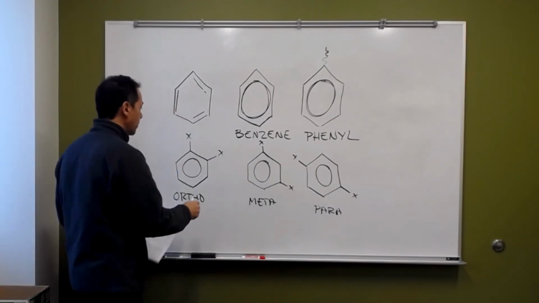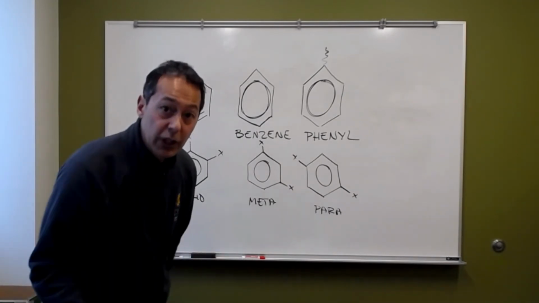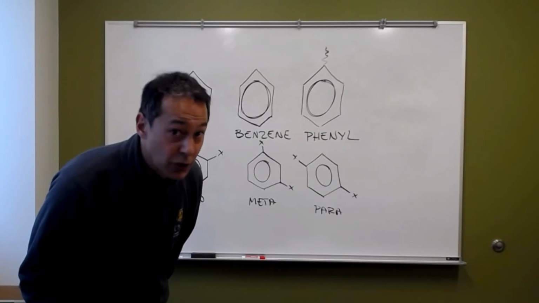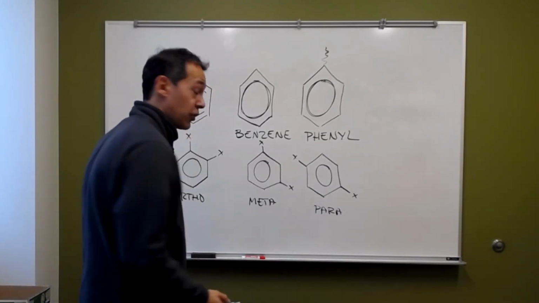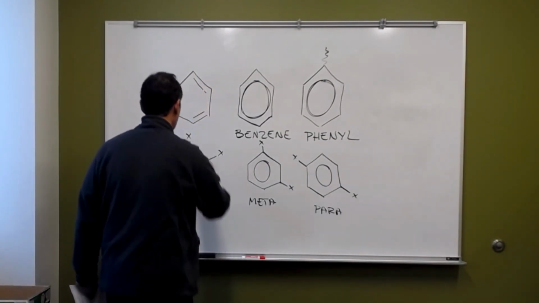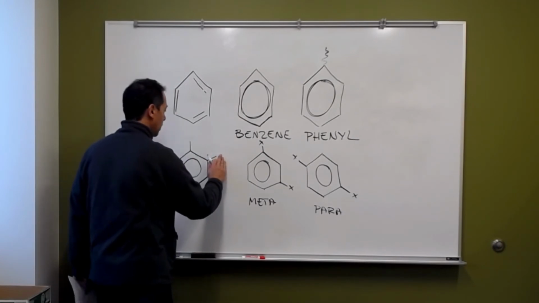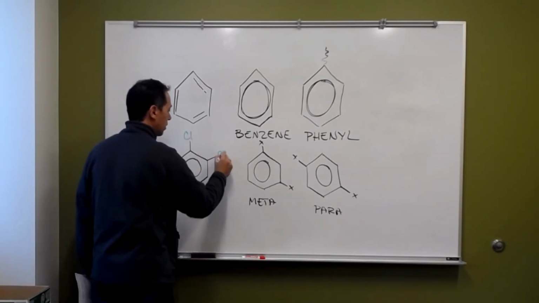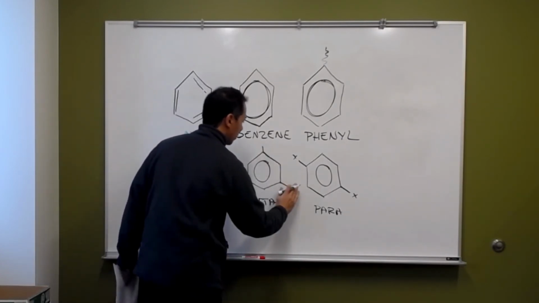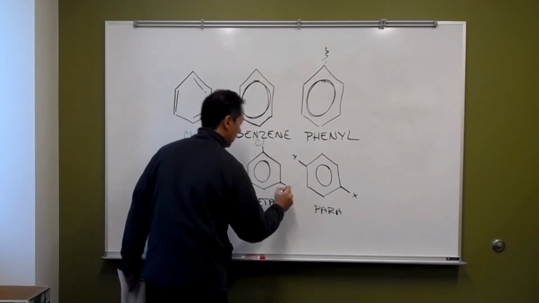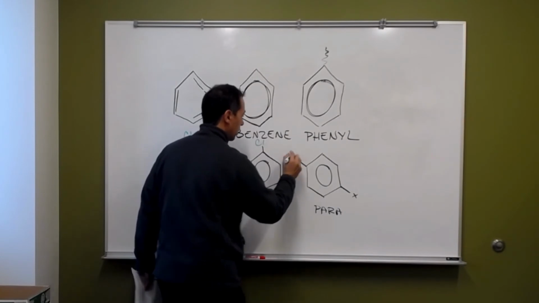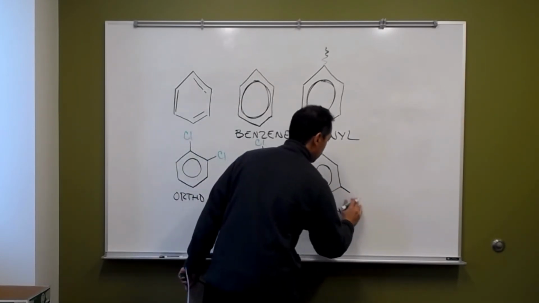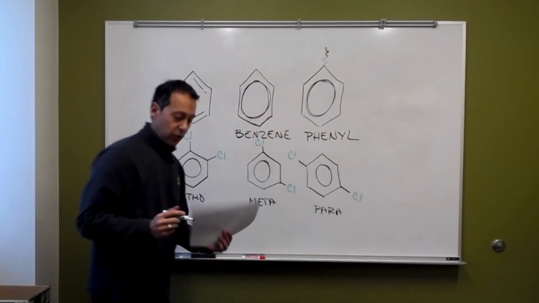So how do we, let's do an example of this, okay? So instead of X, right? So some of you maybe are looking for X on your periodic table, and there's no element X, right? I mean, there's xenon, right? But there's no X. So I'm just gonna go like this, and then let's put chlorine in here. Chlorine, like this, and then chlorine, like this. Okay, chlorine, that's an element.